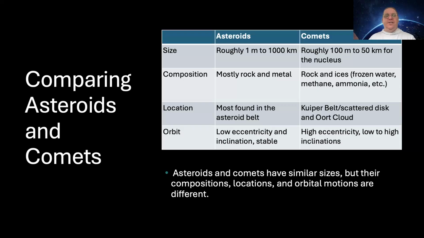The 50 kilometers you can pretty much take to the bank; the selection bias is not going to affect it nearly as much as with the smaller bodies that are going to be harder to see. Asteroids, as I've said, are primarily composed of rock and metal, whereas comets are primarily composed of ices.